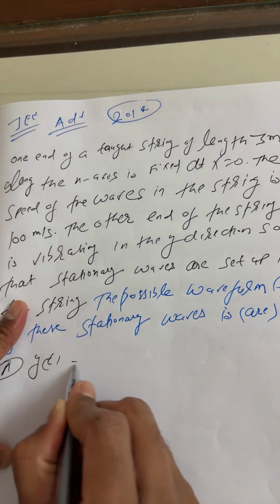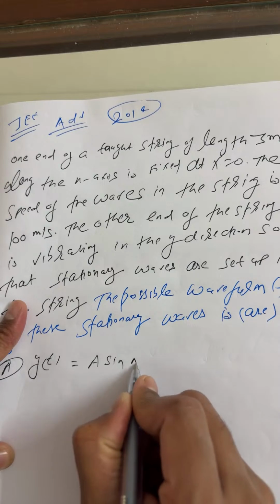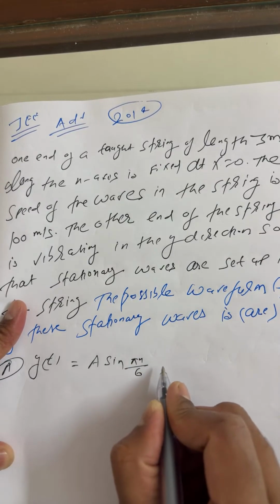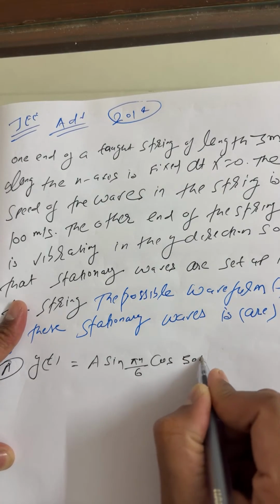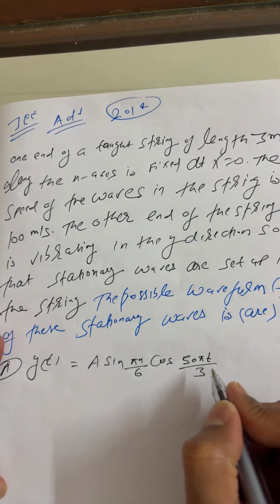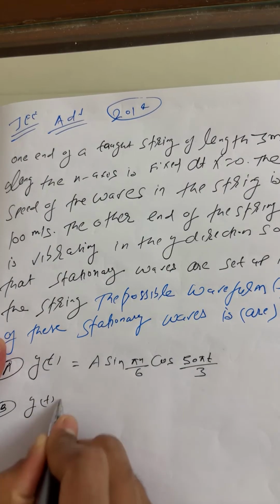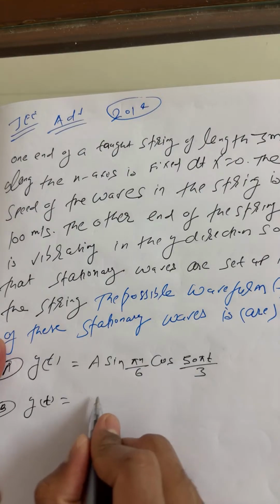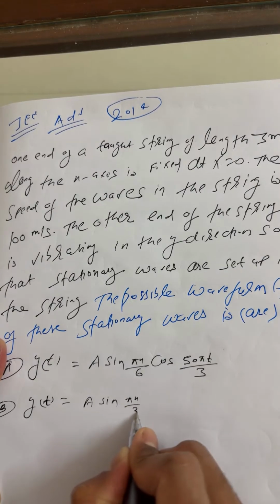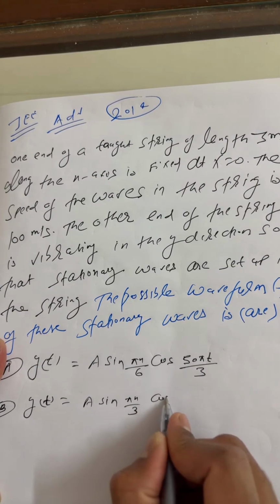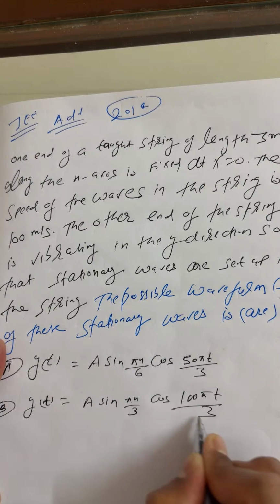Option one: y as a function of t is A sine of pi x by 6 cos of 50 pi t by 3. Option two: y as a function of time t is A sine pi x by 3 cos 100 pi t by 3.